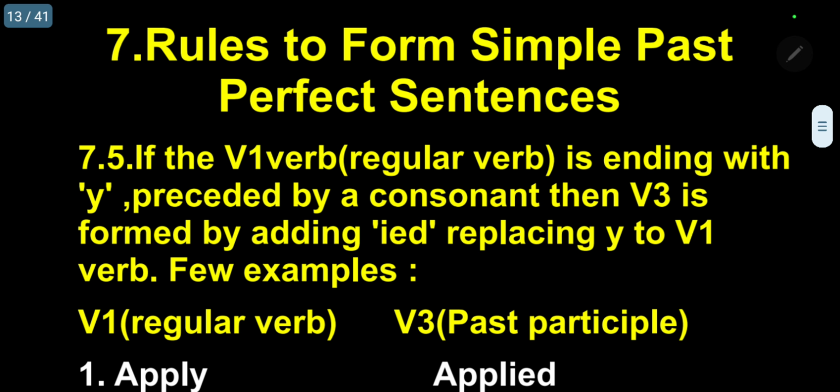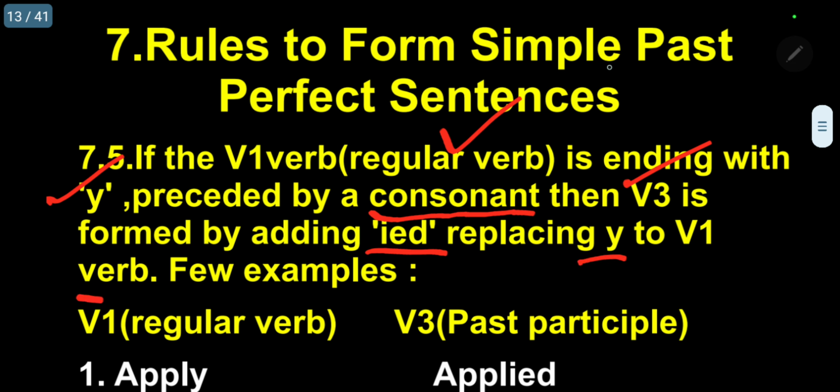If the V1 verb, a regular verb, is ending with Y preceded by a consonant, then V3 is formed by adding IED. If a vowel comes, ed we will add. If a consonant comes before it, then Y will be replaced by IED.